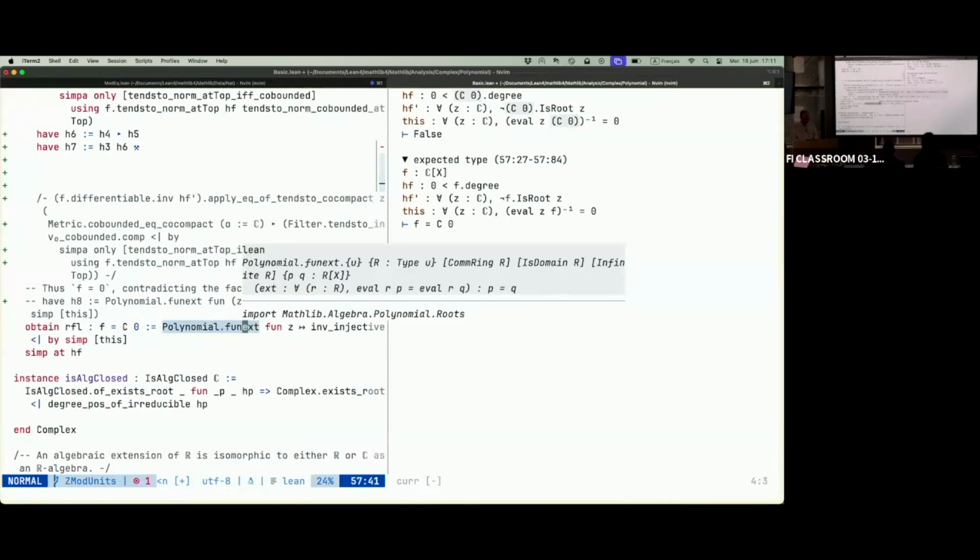So polynomial fun x, you say that to prove that a polynomial is constant, if you are over a domain which is infinite, then it suffices to prove that all values are constant. And it's not true if you're not over an infinite domain. Exactly, or over a domain. For example, over an infinite ring where 4 equals 0, but 2 is non-zero, you have 2 times x, which is identically 0.